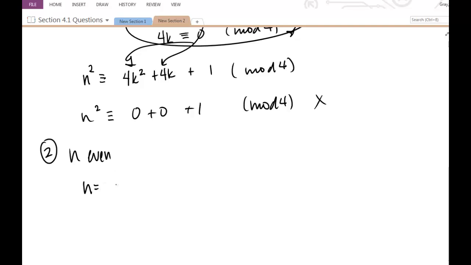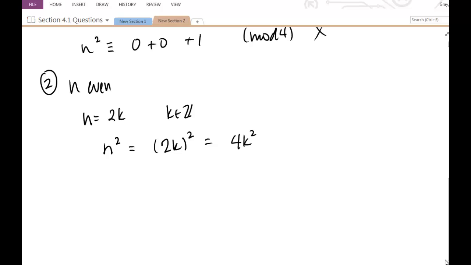If n is even, then n is equal to 2 times some integer k. Okay, then let's look at n squared. n squared is going to be 2k squared. That's going to be 4k squared. That's a multiple of 4. It's congruent to 0. So we'd write that out under the congruence mod 4.